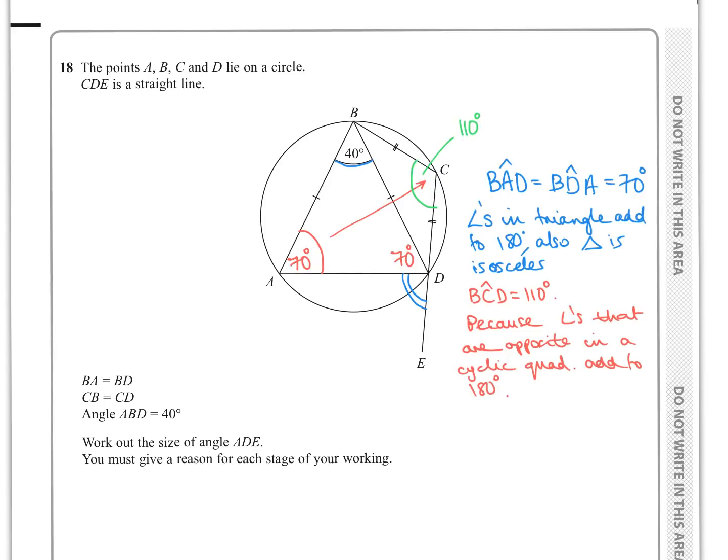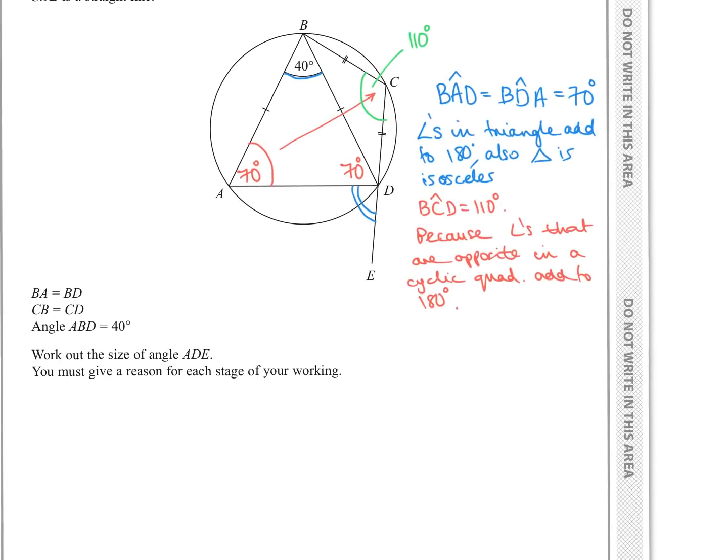So what we can say next, and I'll just give myself a bit more room, we can now say that triangle BCD is isosceles, and so therefore angles CBD is the same as BDC, and they're going to be, well, 110, and there's another 70 left between them, so there'll be 35 each.